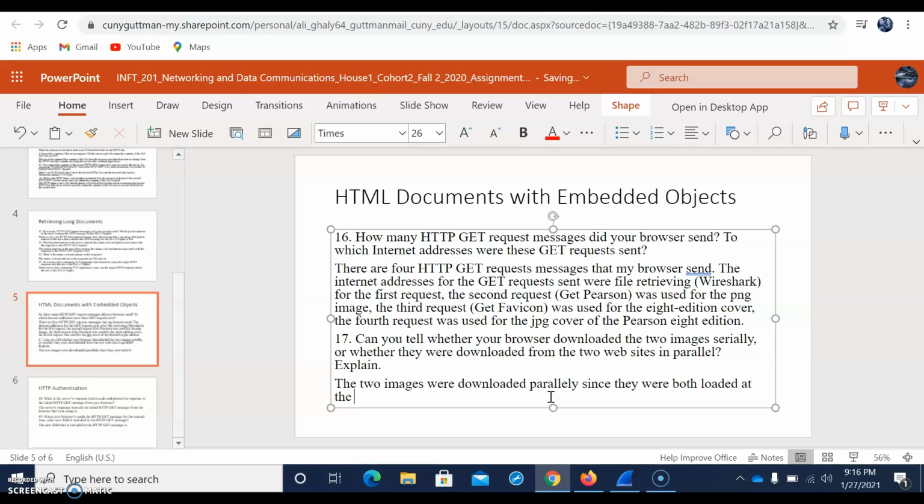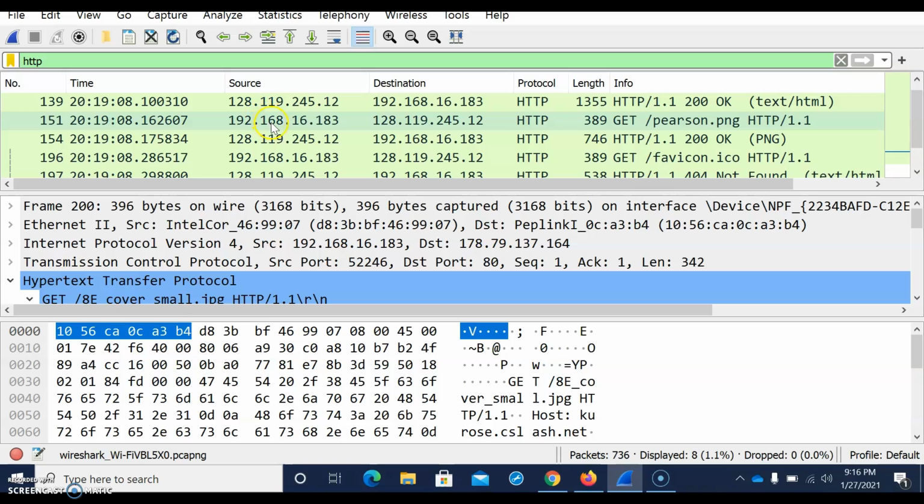This evidence can be seen from the time here, and they were downloaded in parallel because they were downloaded at the same time.